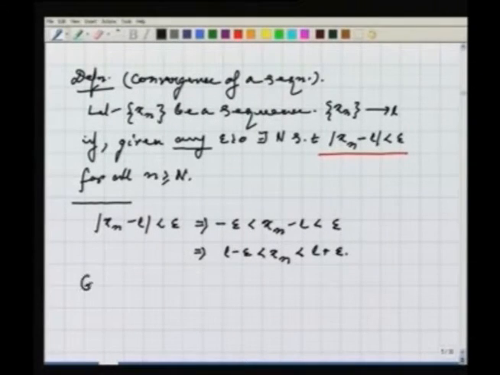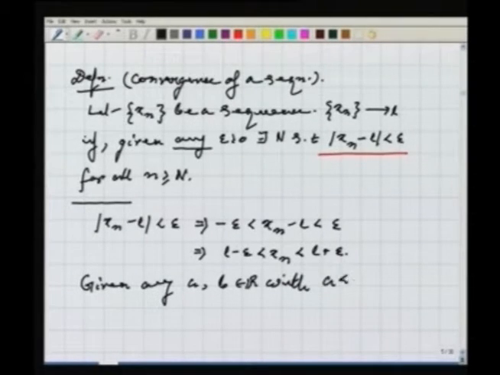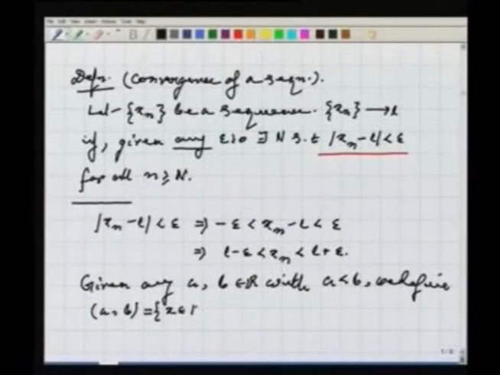Given any real numbers a, b with a strictly less than b, we define (a, b), which is called the open interval a b. This is a set of all real numbers x in R such that a is strictly less than x, which is strictly less than b.